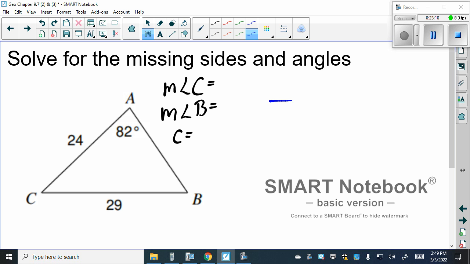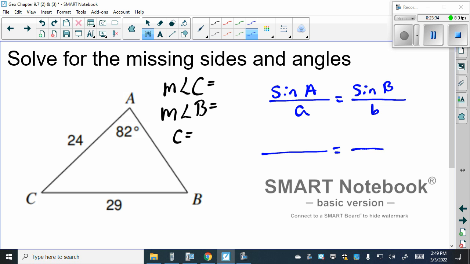Now the setup we're using here is the other version of this equation. So we're using sine of A over a is equal to sine of B over b is equal to sine of C over c, where we're using the angle on top and the side lengths on bottom. And interestingly enough, we actually can use this here, because the one angle they gave us is 82.